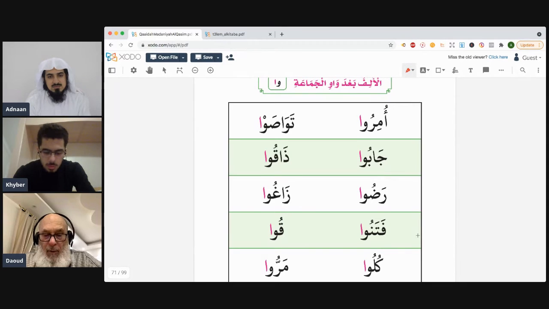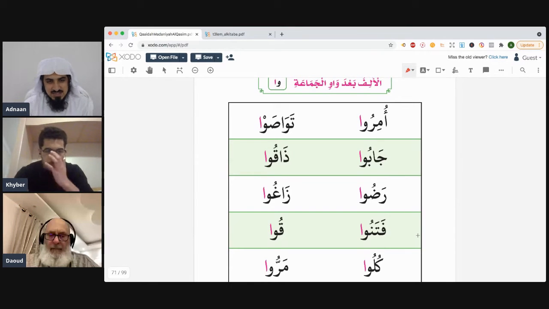Now, I pull the wa because of the alif there in the middle. Yes. Tawasaw. Right. Now join your sa with a waw that has a sukun at the second last letter. Tawasaw. So, ahsant. Well done. MashaAllah. Sometimes learning it as rules is much more complicated than just reading it.